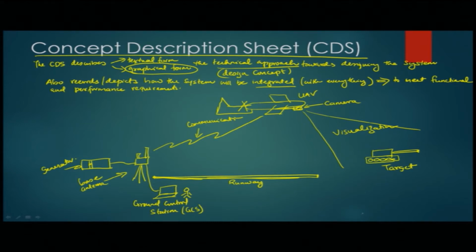So, what we can say is that when you show a diagram like this, it gives you a scenery of the whole system. Then I can put specifications here. I can say that for the ground control station, I can put specs as ruggedized laptop with weather protection, or something like this.